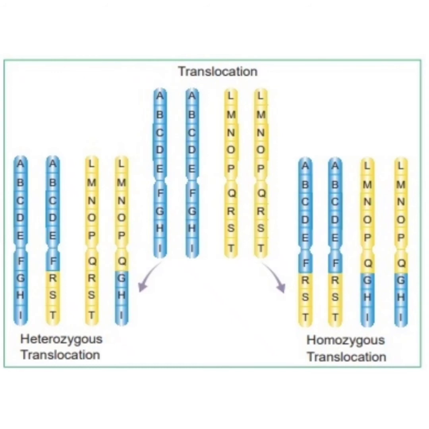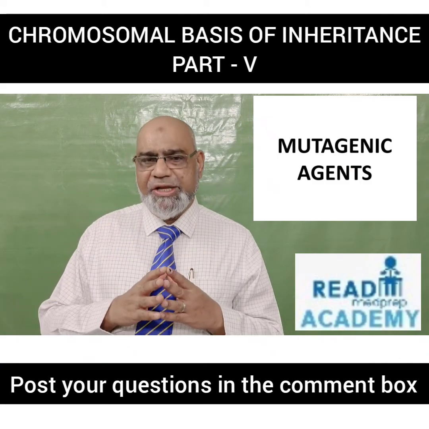In homozygous translocation, the sequence is A, B, C, D, E, F, R, S, T. In another pair of homologous chromosomes, it is L, M, N, O, P, Q, G, H, I. Homozygous translocation.